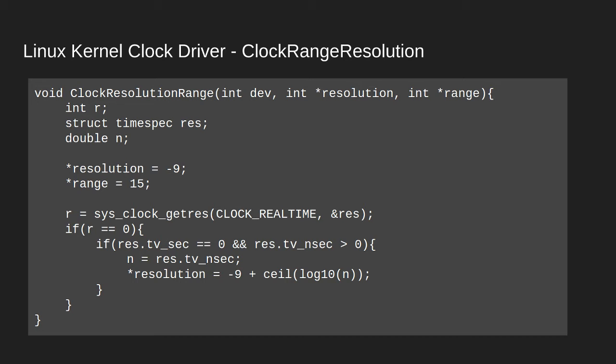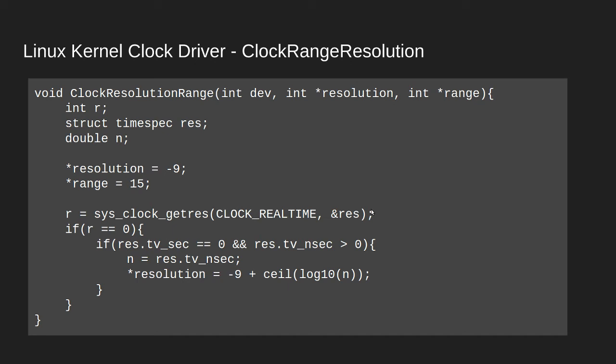So let's look at how to implement the resolution and range function. Here we call the Linux kernel function clock_getres, and we specify to the Linux kernel the real-time clock. This function will return a timespec structure that contains two things.